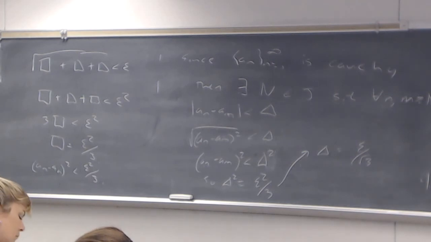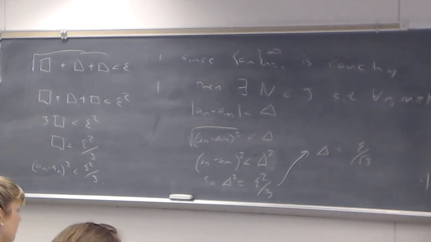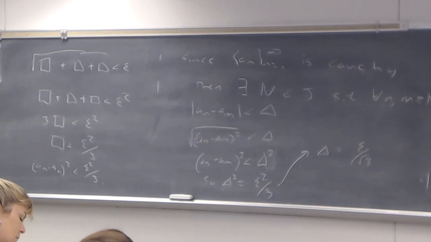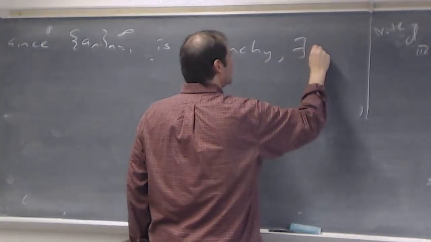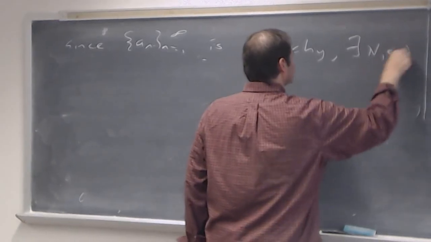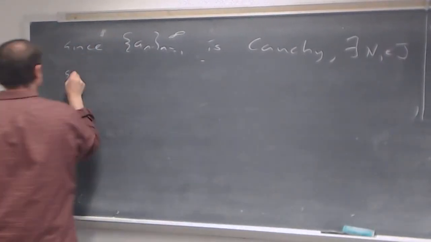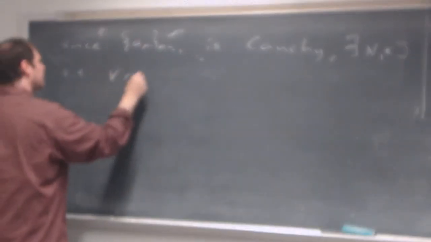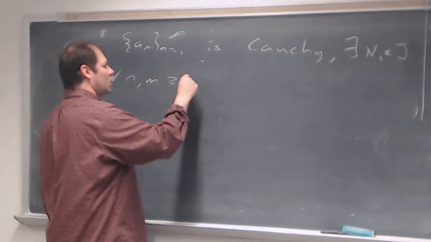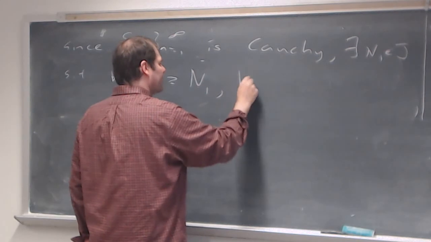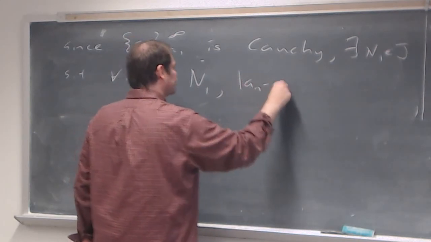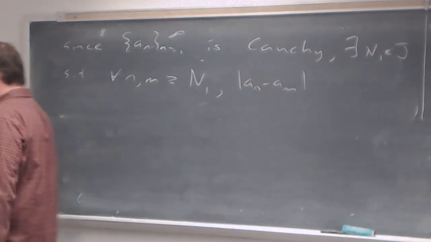Okay. Here's what I write. Well, since a sub n is Cauchy, there exists, I'm going to call it N sub 1, element of J, such that for all n and m bigger than or equal to big N sub 1, then the absolute value of a sub n minus a sub m can be less than whatever I want.